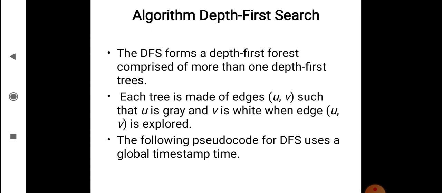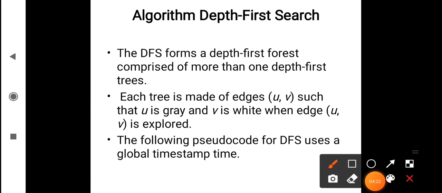Then the depth first search algorithm. DFS forms a depth first forest comprising one or more depth first trees, and each tree is made of edges UV such that U is gray and V is white when edge UV is explored.